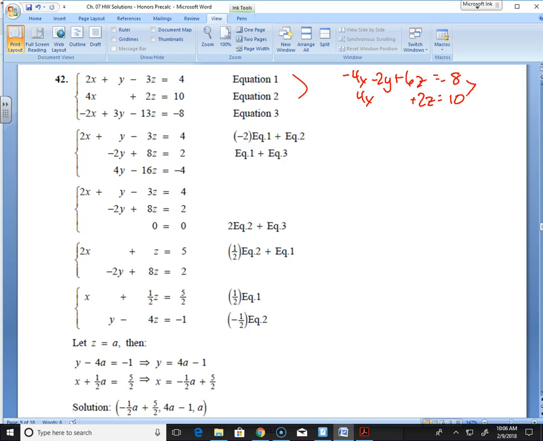So that would have gotten you negative 2y plus 4z equals 2. So that's a negative? Oh no, it's a positive. Plus 8z equals 2. Oh, and that's the equation that's right there.